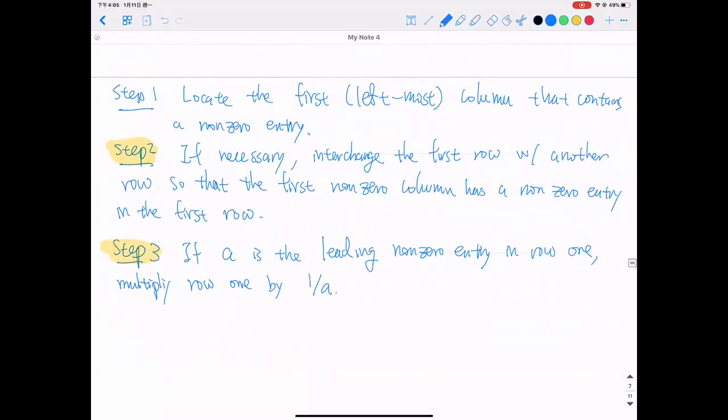Now next step, step 4: add suitable multiples of row 1 to each of the remaining rows so that every entry below the leading one in row 1 is 0. So you take row 1 and you want to use it to get rid of non-zero entries in the lower rows.